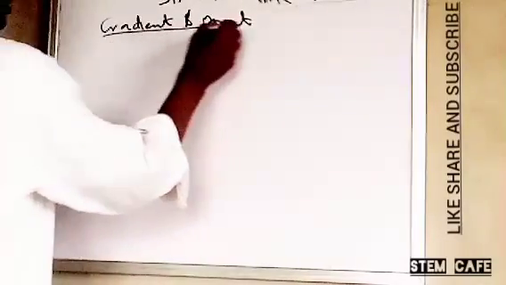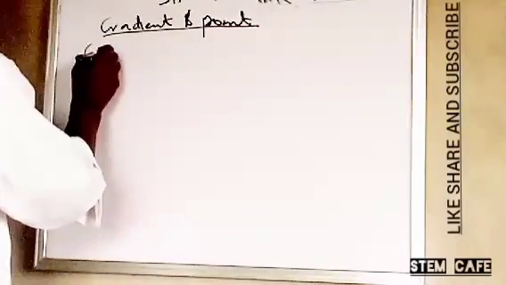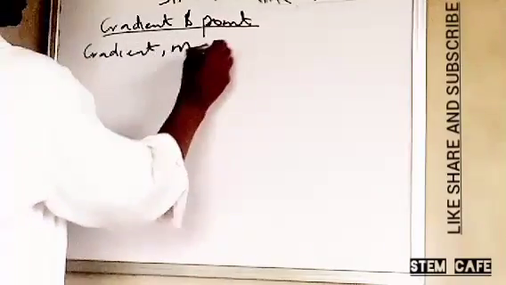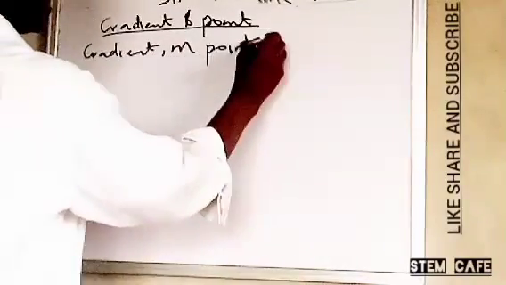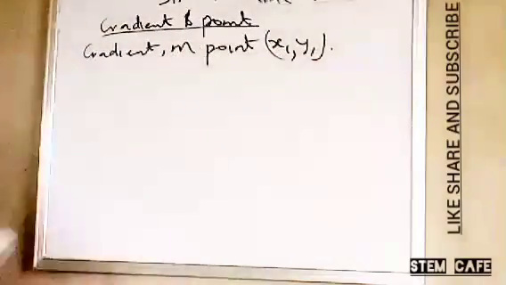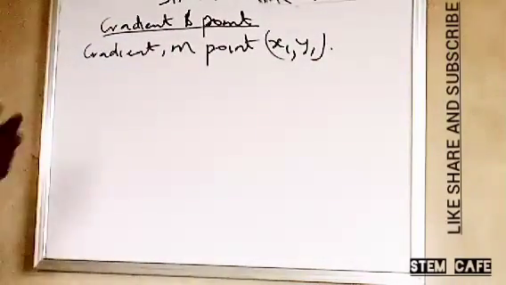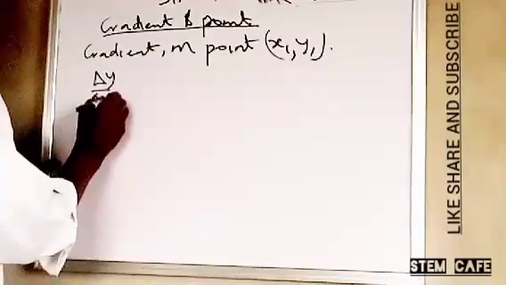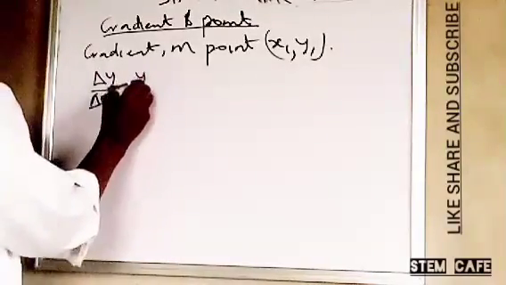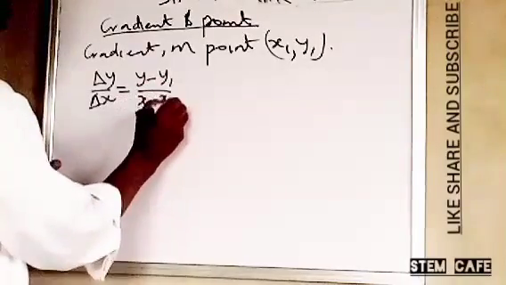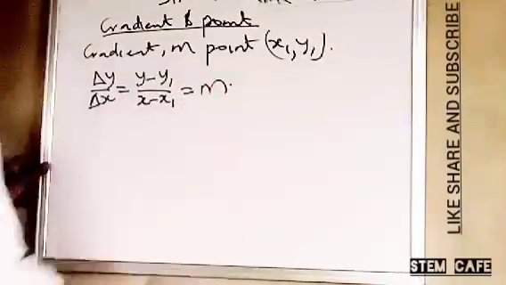We are given gradient n and the point x1, y1. How do you find the equation of a straight line? We know that delta y over delta x, which is equal to y minus y1 over x minus x1, is equal to n.